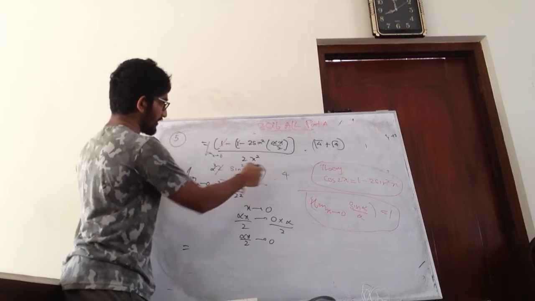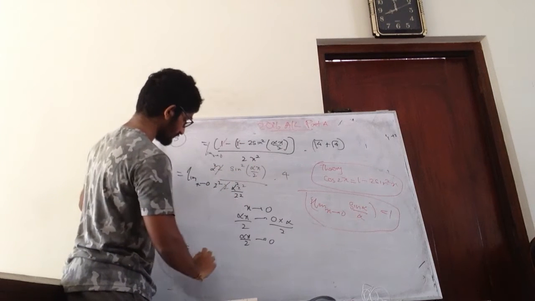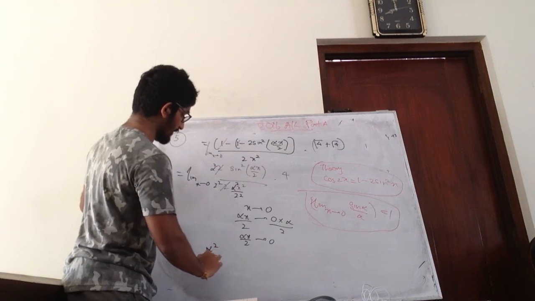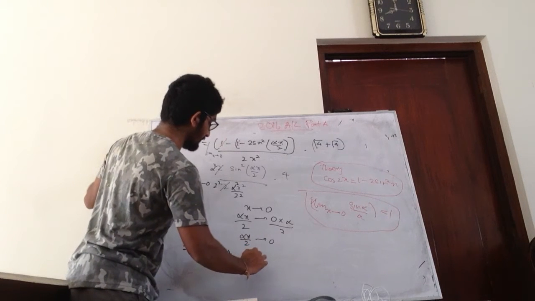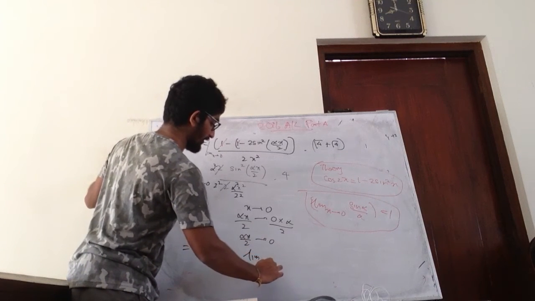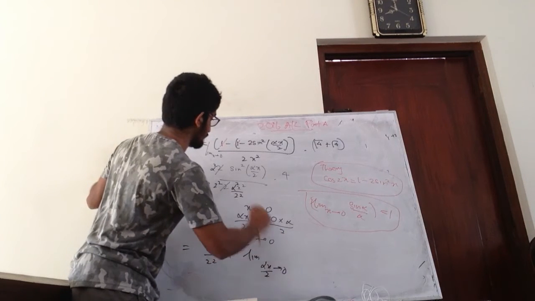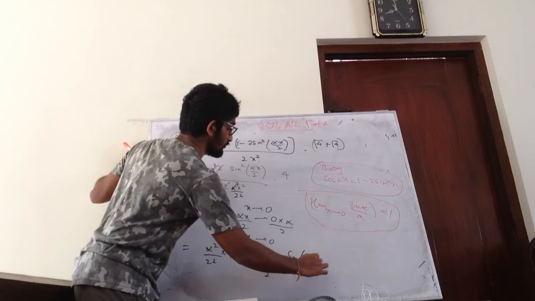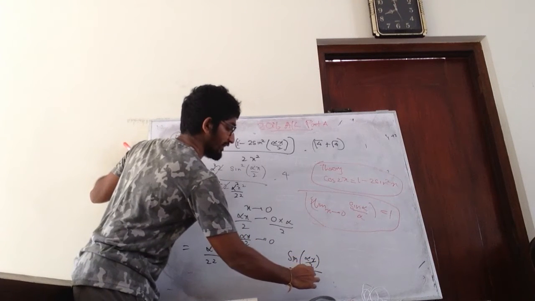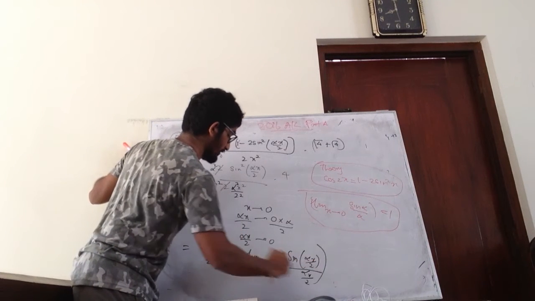I'm going to take these constants out. Alpha square, 2 square into 4, limit when alpha x over 2 goes to 0, sine alpha x over 2 over alpha x over 2 square.